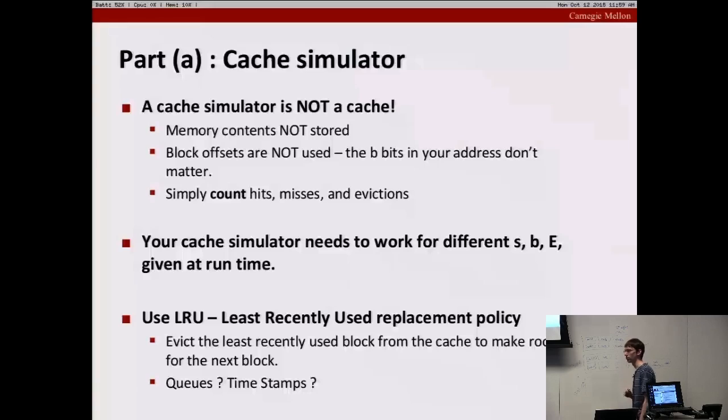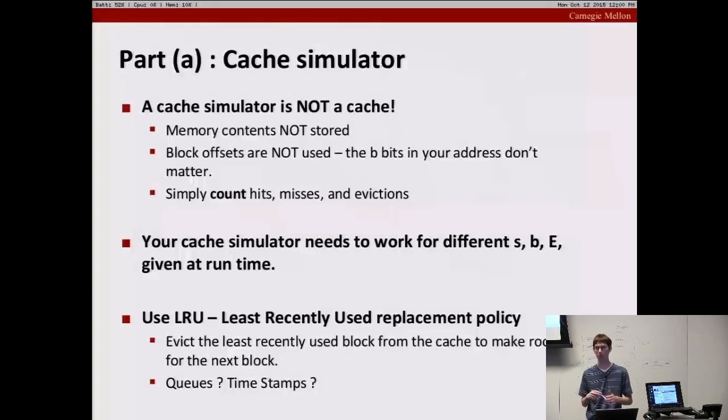We know there's space for it in this chunk of memory that's stored in the line of the cache. Since we're not actually storing the data, we don't have to do that lookup, so we're ignoring what those bits are. We can determine the hit or the miss from just the tag, the set, and the valid bit. So we don't need to care about those bits. We're just counting hits, misses, and evictions. That's all we're doing.